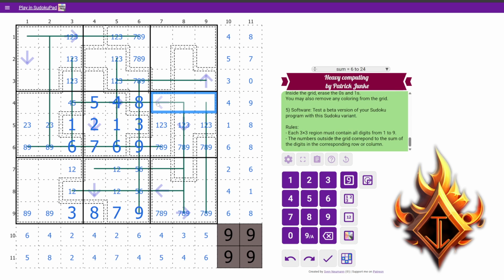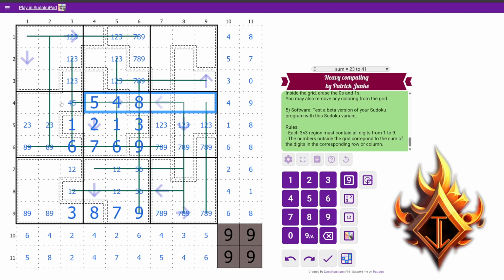Which is 15. And this is 17, which is 32. We have 17 left, which is 4, 5, 7.